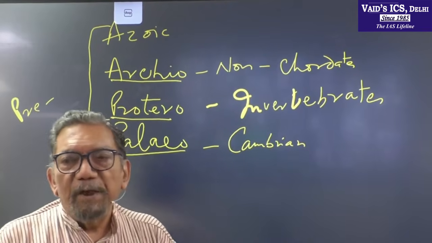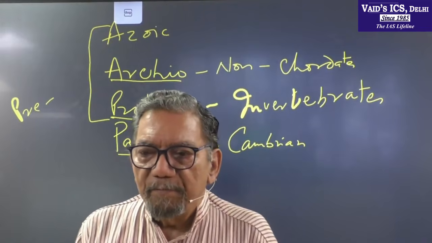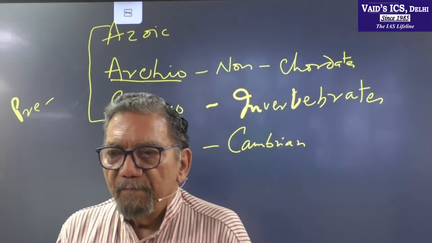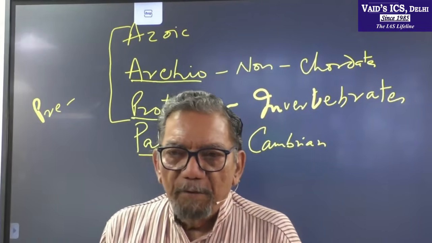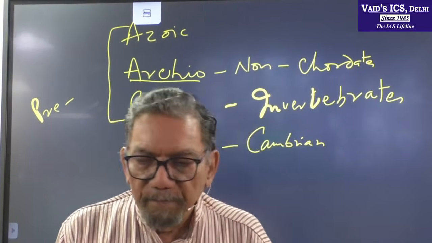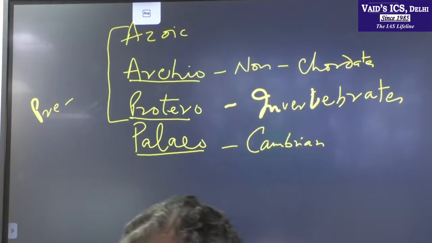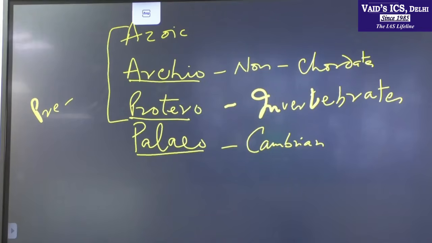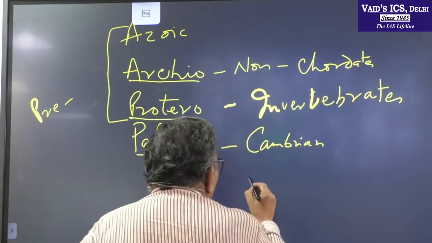We make one unit of them. In Cambrian evolved complex invertebrates. Then the second is Ordovician.